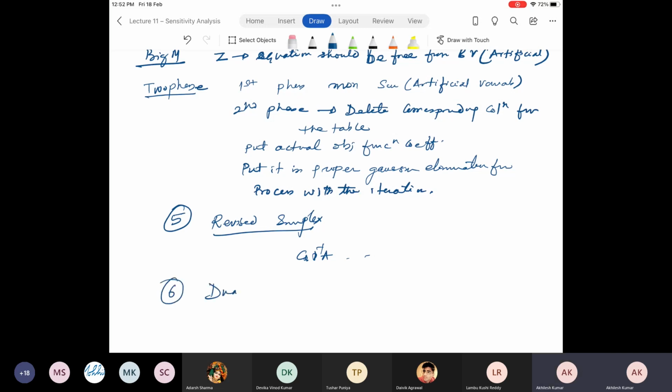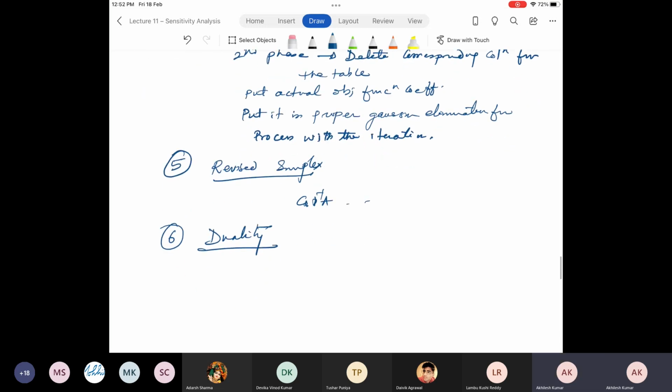And finally, duality. Duality, until how much have I said that I will ask in the exam? Formulation. Finding the dual from the primal. Converting primal to dual. So already I have given you a table.